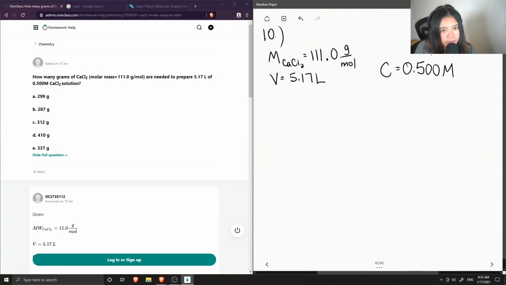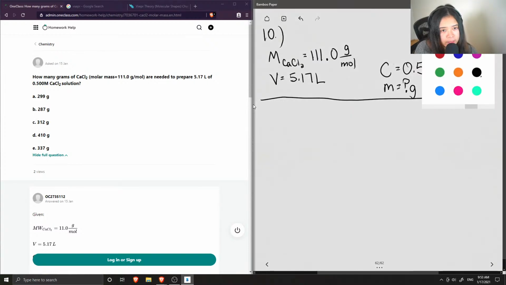This is the same thing as moles per liter, so I'm just going to write it as moles per liter just so that we can see the units. And we're looking for the grams, so the mass is equal to grams.